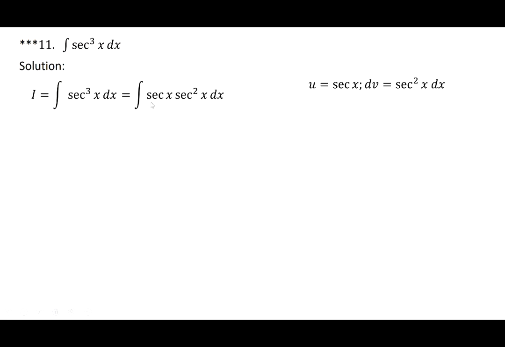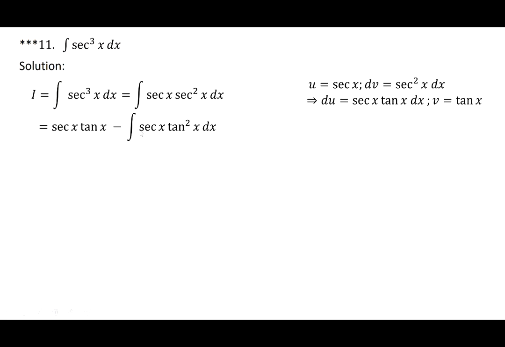Integral secant x times secant square x dx. u equals secant x, dv is secant square x dx, du is secant x tangent x dx, v is tangent x. Okay, that's what you do. And you come here and say this is uv minus integral v du, you get this.